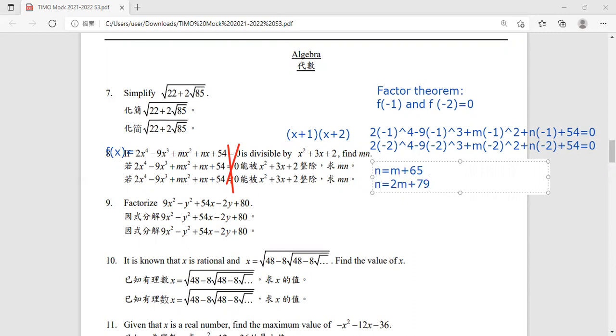We just simplify. Means that you just equate both sides. So n is equal to negative 14, and then m is equal to 51. So mn will be equal to negative 714, just that.